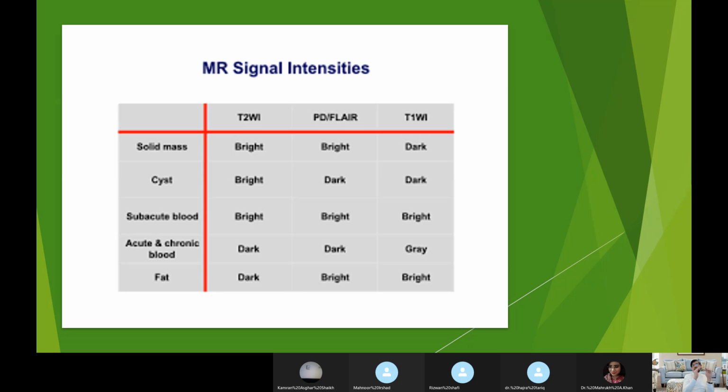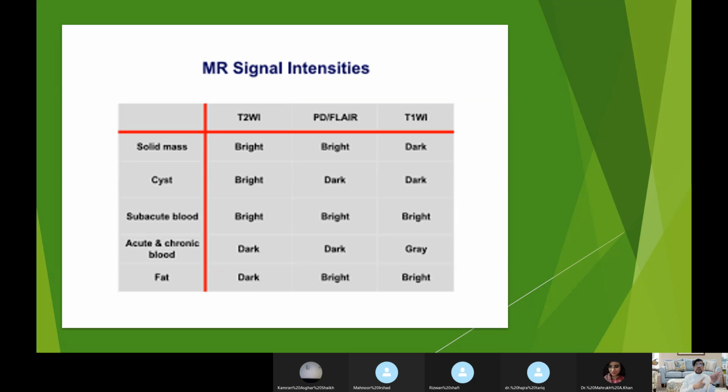T2 खास तरीका MRI करने का, मैं उसकी डिटेल में नहीं जाऊंगा, वो आपको चाहिए भी नहीं. सो आप इतना याद रखें कि T2 वेटेड इंटेंसिटीज, T2WI, उसमें सॉलिड मास ब्राइट है, फ्लेयर में भी ब्राइट है, लेकिन T1 वेटेड इमेजेस में सॉलिड मास डार्क हो जाएगा. सेम गोज फॉर सिस्ट, T2 में ब्राइट, फ्लेयर में डार्क और T1 में डार्क.